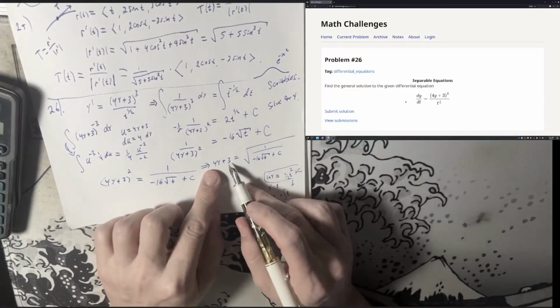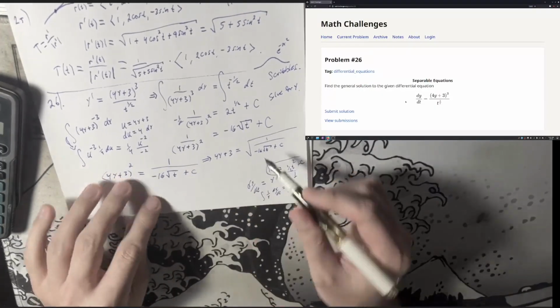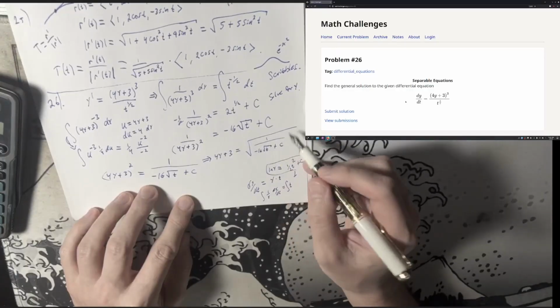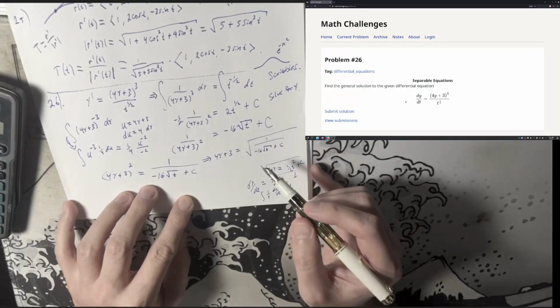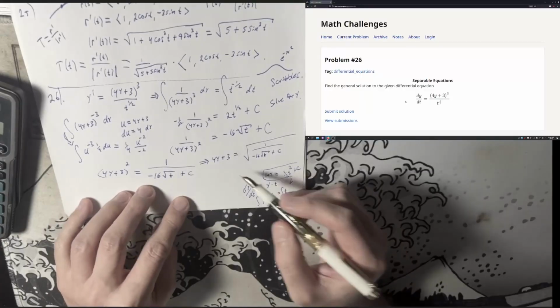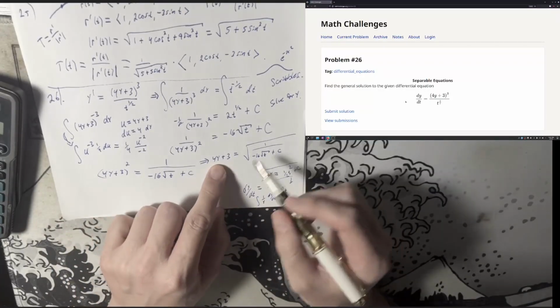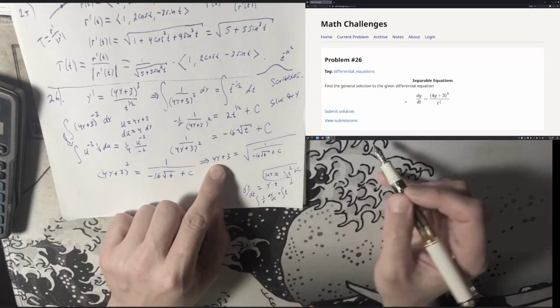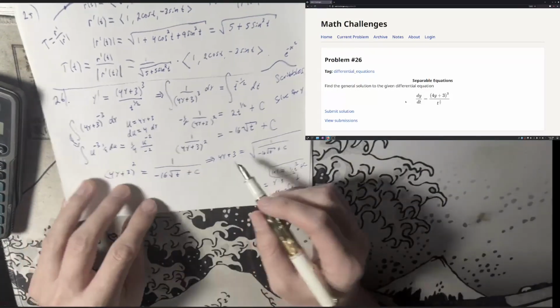We're pretty much done, right? Subtract 3, divide by 4. So this hideous square root creature. Yeah, there's y. This hideous thing, subtract 3 from all of it, and then divide by 4. We're pretty much done with this problem.